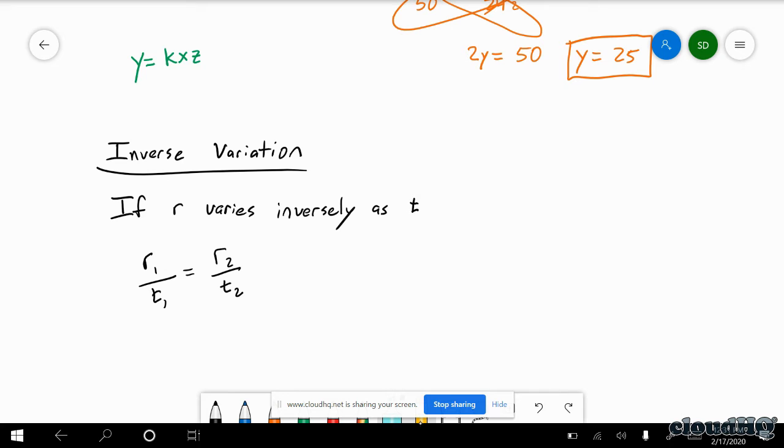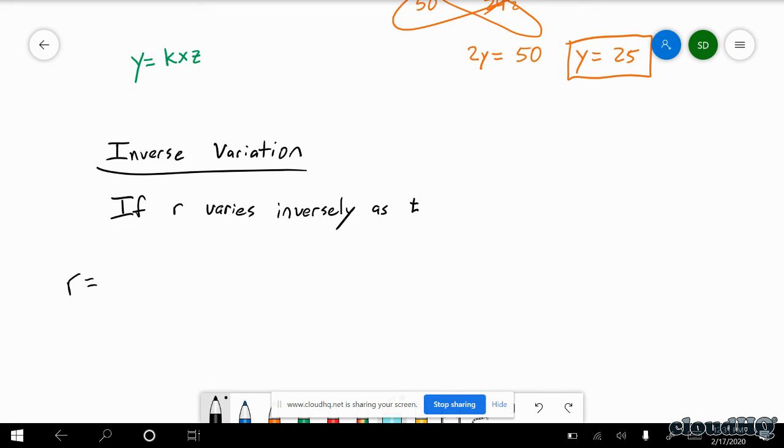Any ideas or thoughts on what you would do here? Flip them. So T1 over R1? I'll flip one of them and not the other. That's a good thought. Here's how I'm going to propose it. Let's start off with the original equation where we know there's a K value. So it gives us R first.